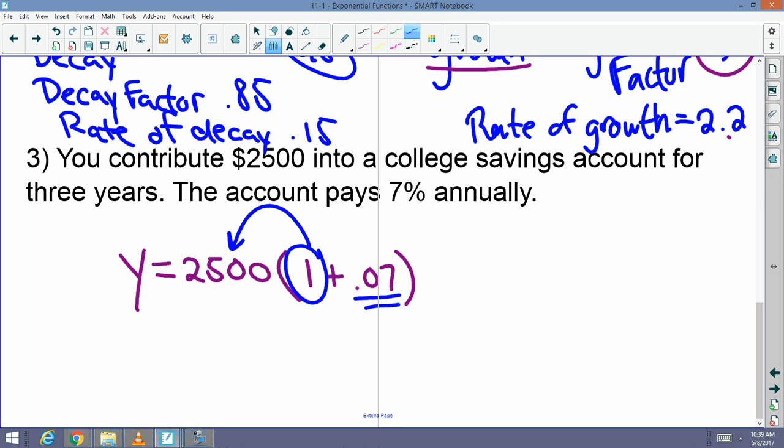So together, if I have 100% of the original amount and 7% of the original amount, then I have in total 107% of the original amount. And then I'm going to raise this to the x power, which is my time, and time here is 3.